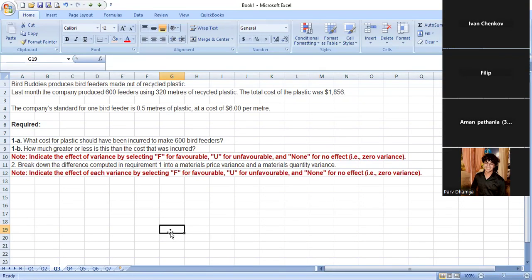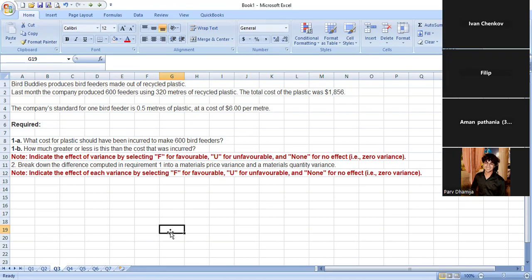Let's go with this one. This company produces bird feeders made from recycled plastic. Last month, the company produced 600 feeders using 320 meters of recycled plastic. The total cost of the plastic was 1,856. The company standard for one bird feeder is 0.5 meters of plastic at a cost of $6 per meter.